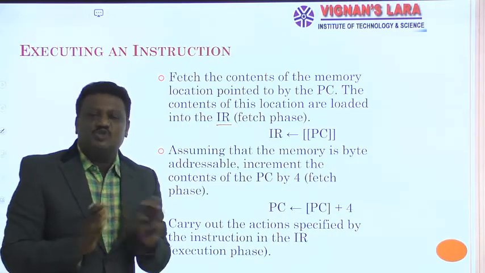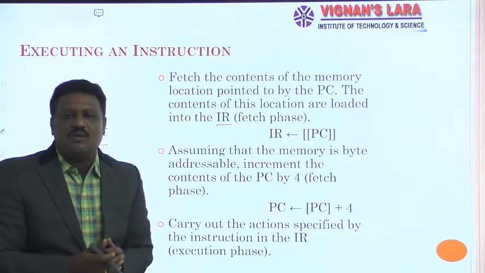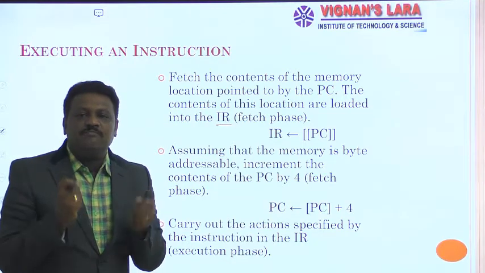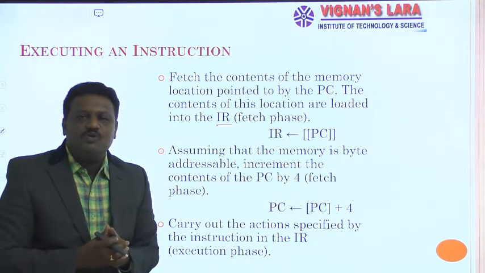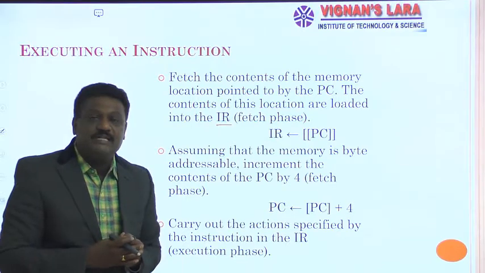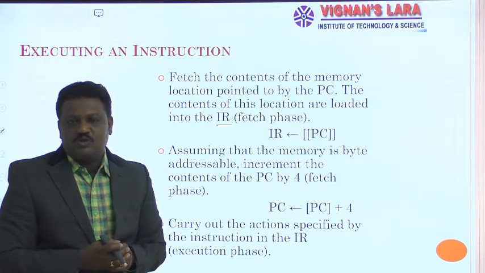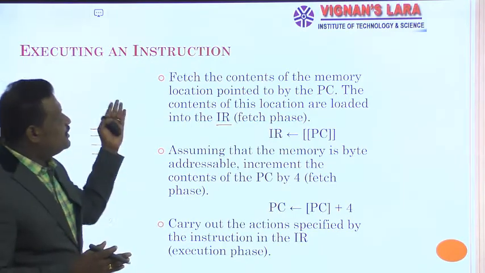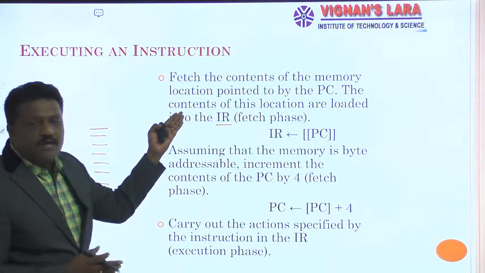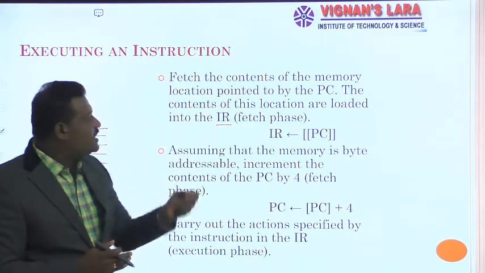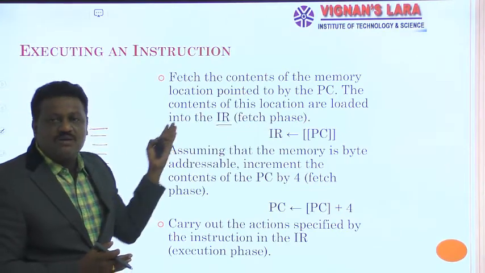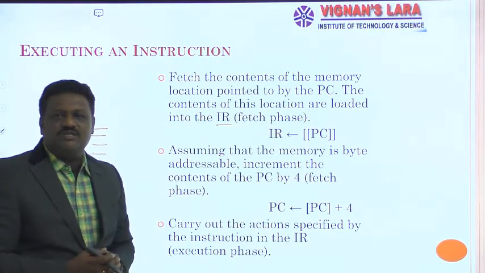That means I can say my instruction fetching is over only when I bring the instruction from memory to the CPU and it is copied onto instruction register IR. So my first step is to fetch the contents of the memory location pointed by the program counter PC. The contents of this location are loaded onto instruction register IR.